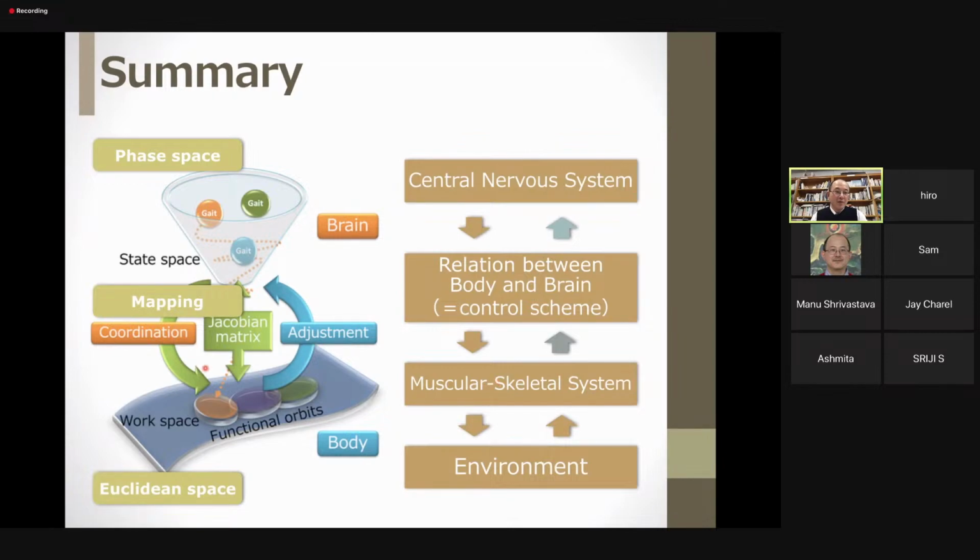Therefore, a very important point is the mapping of the environmental space, niche, and mapping on the system and the Jacobian matrix, like I showed, in multi-body dynamics. We can describe what kind of behavior happens at the solution, and phase space can explain what kind of pattern it can generate as a solution under added constraints.